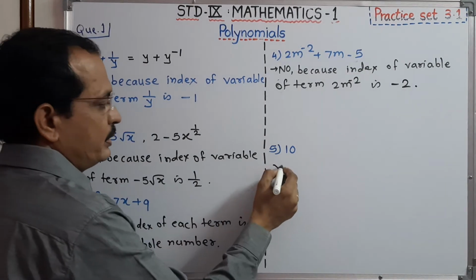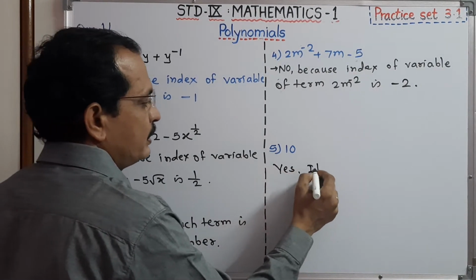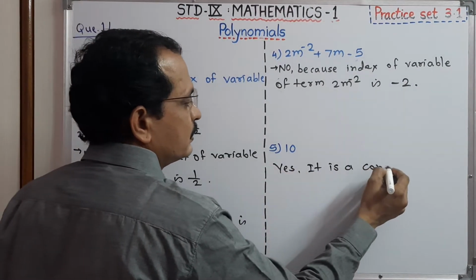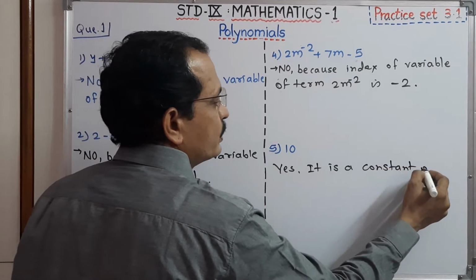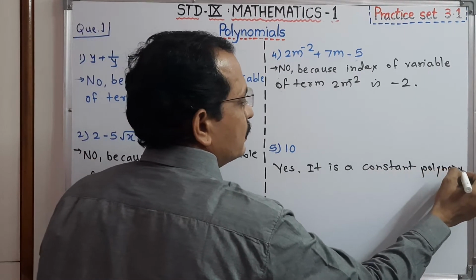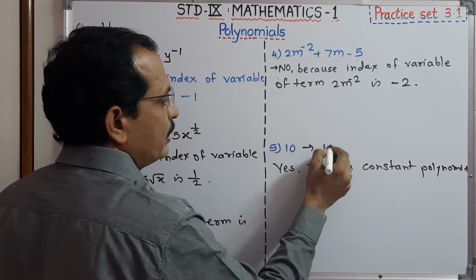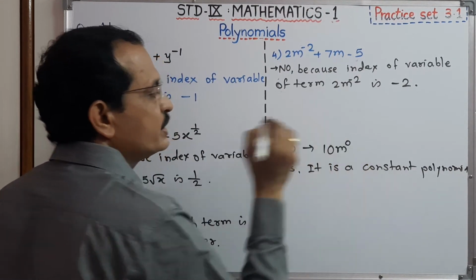And here, yes, it is a constant. We can write here 10m raised to 0.